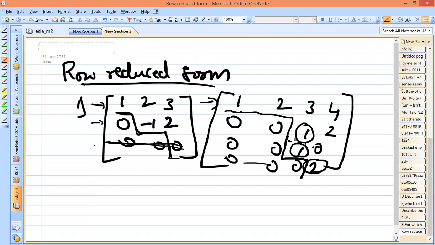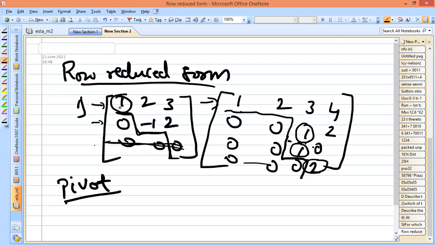In the row reduced form, we may come across the term pivot. We may be asked to calculate the pivot of a matrix and also to identify the pivot columns. First, the definition of pivot: whenever you reduce the given matrix to a row echelon form, the first non-zero entry of each row is called a pivot.